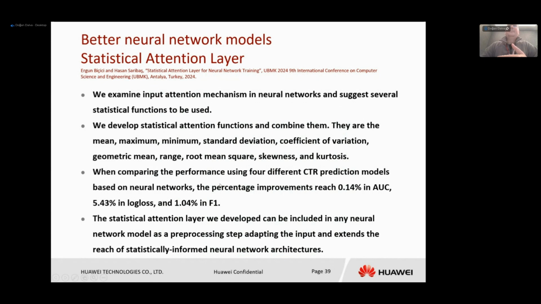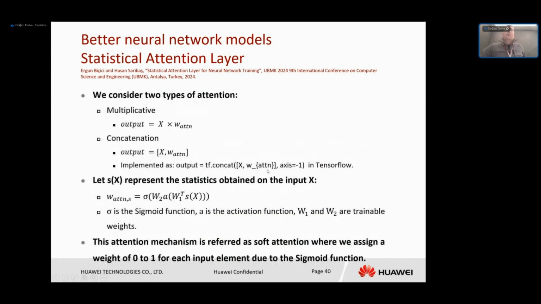The benefit of this layer is that it can be added as a layer to any neural network model and as a processing step, adapting the input, and extends the reach of statistically informed neural network architectures. The way we apply attention is through multiplicative or concatenative techniques.